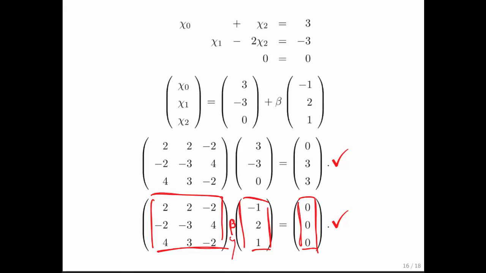Well, notice that the beta we could have brought outside, and this times this vector would still have been 0. And if you scale any 0 vector by any constant, you still get the 0 vector. So actually, any vector of this form maps to the 0 vector. Interesting.